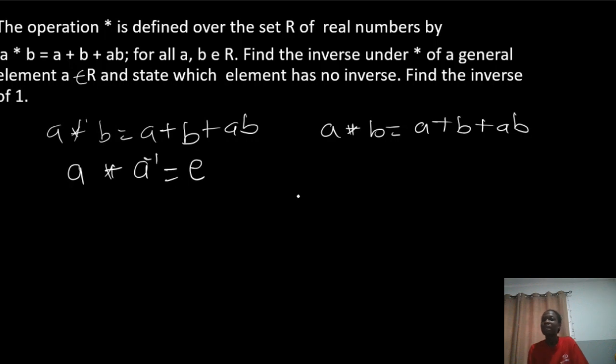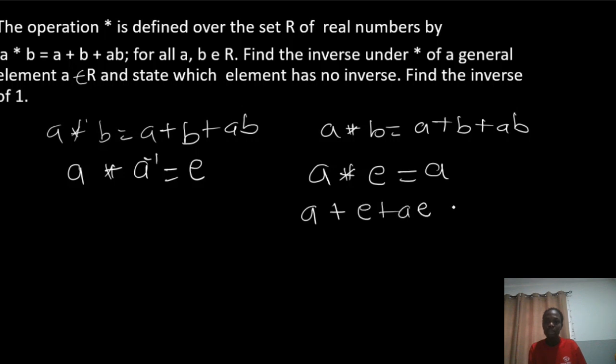To find the identity element, any element star the identity element should give you the element itself. So we put this into the rule. Here we get a plus e plus ae is equal to a.